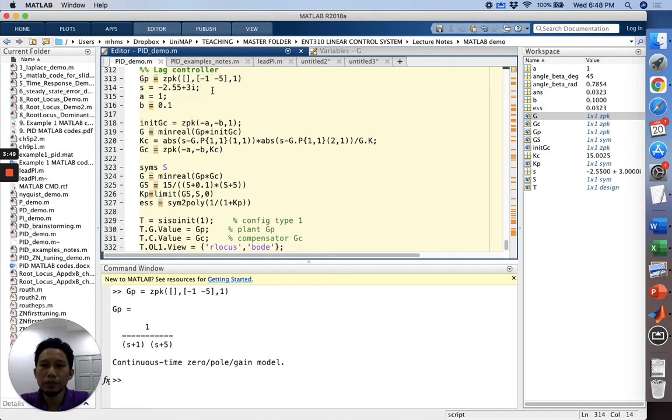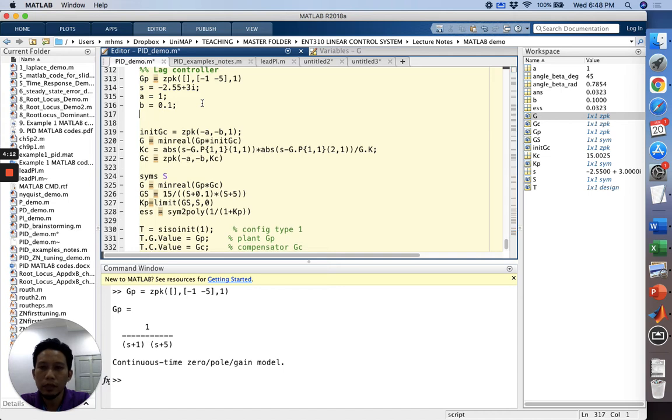We know that our S equals negative 2.55 plus 3i, A equals 1, and B equals 0.1. So how do I get negative 2.55 here?